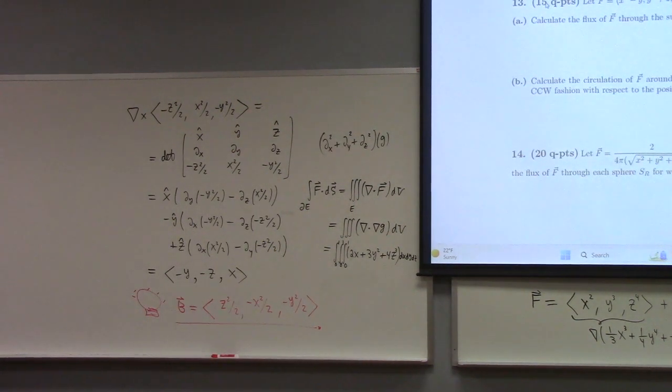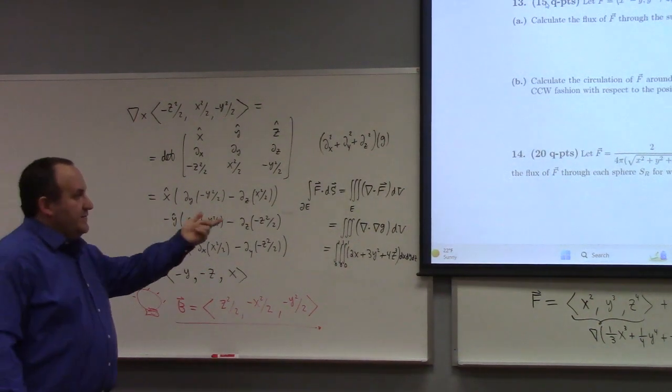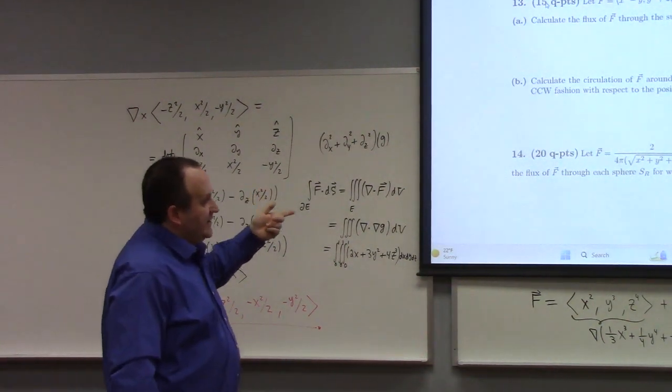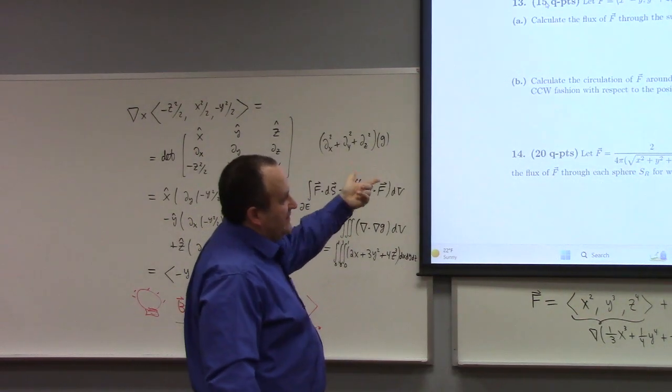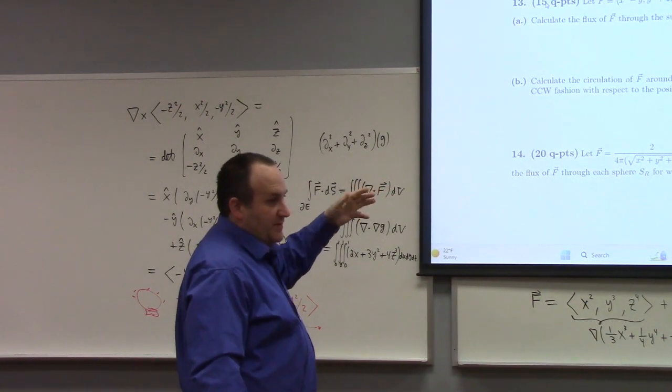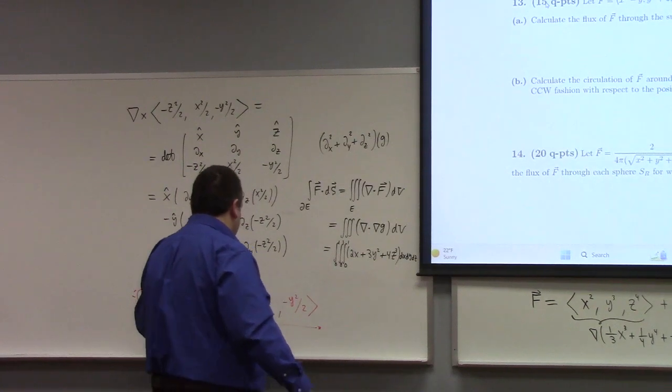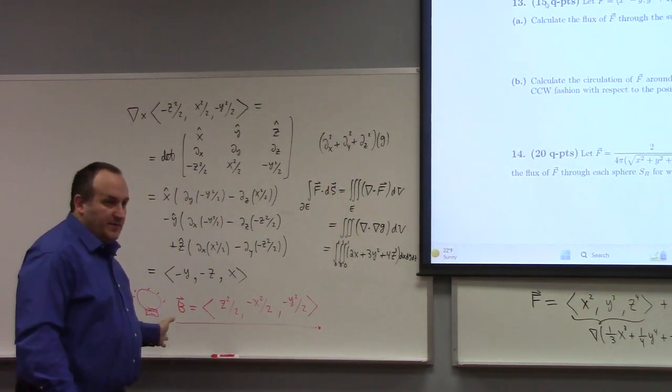Well, I hope. So, on the flip side, for part B, the circulation of F by Stokes' theorem will be completely governed by the B part.